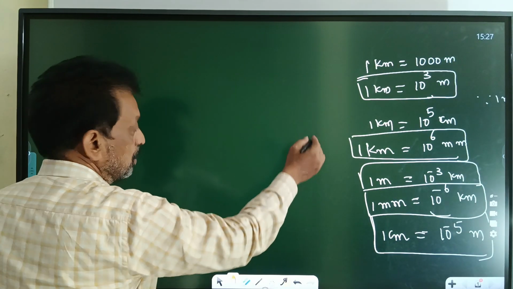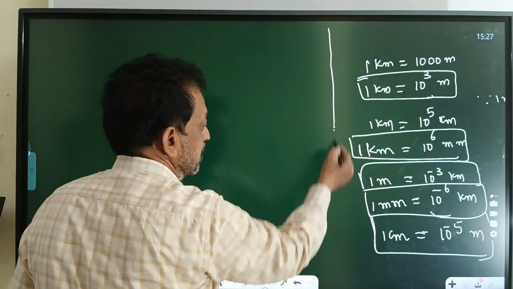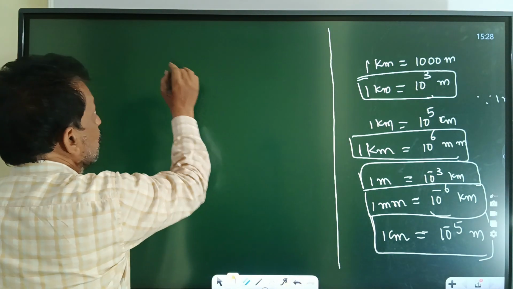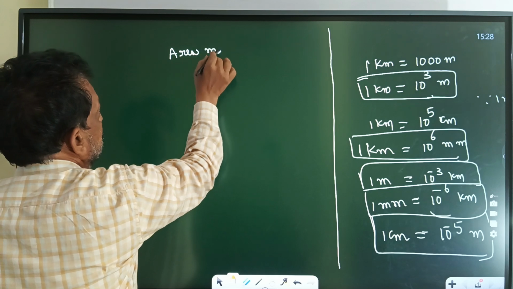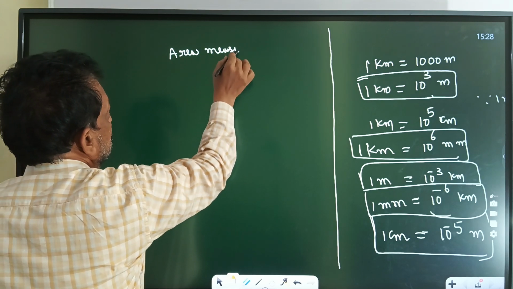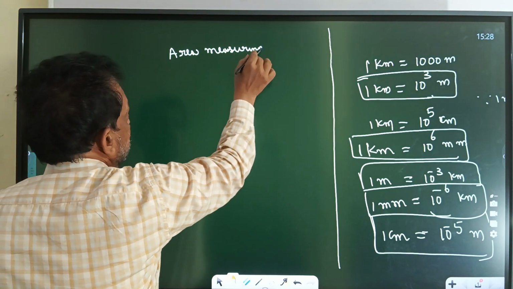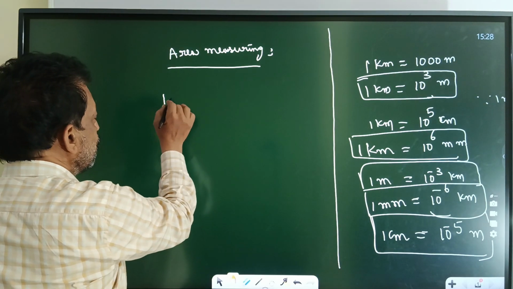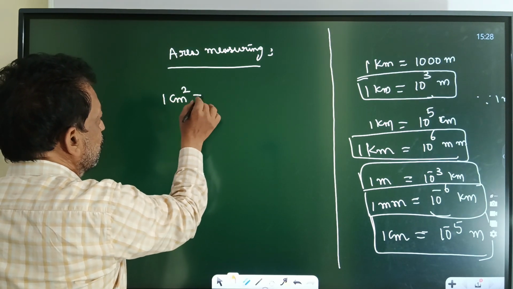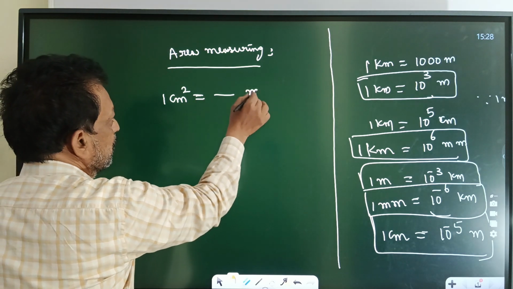Area. So in area measuring, 1 centimeter square is equal to dash meter square.